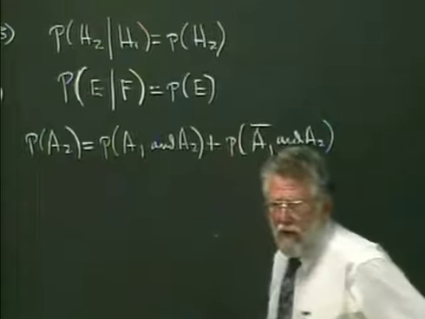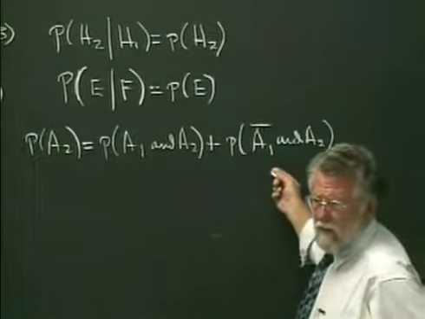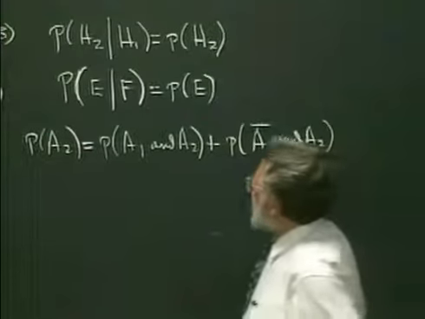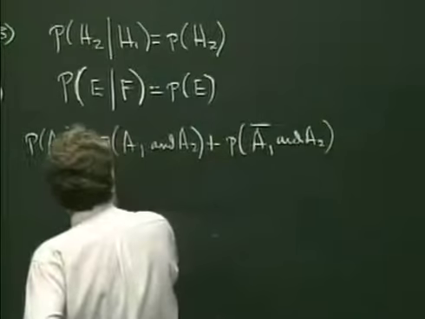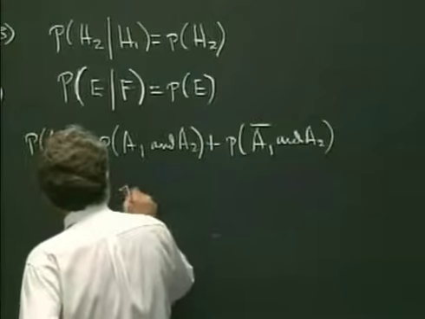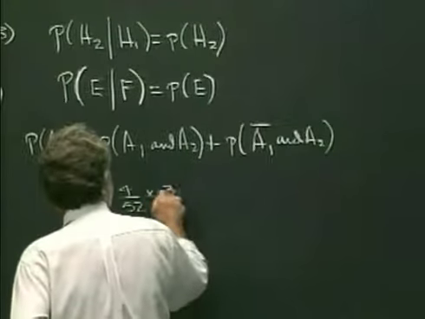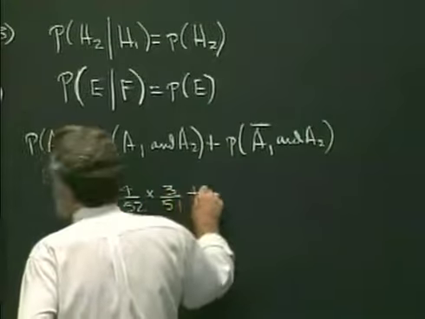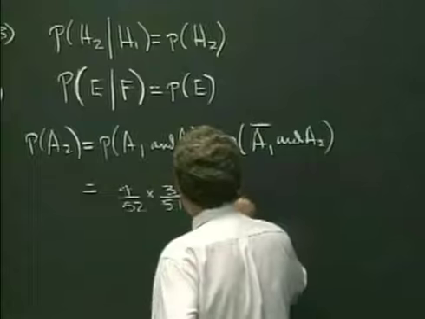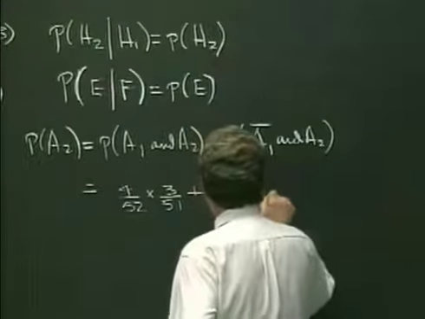From a logic point of view, the tree diagram helps you get to here. So with that in mind, I'm going to have 4 over 52 times 3 over 51 plus 48 over 52 times 4 over 51.